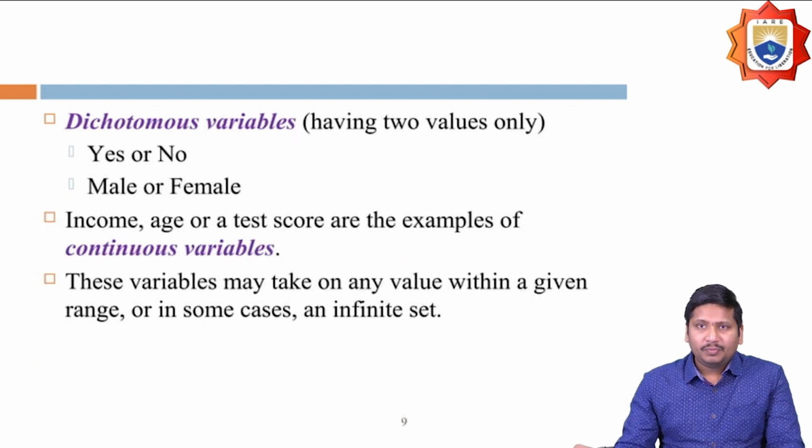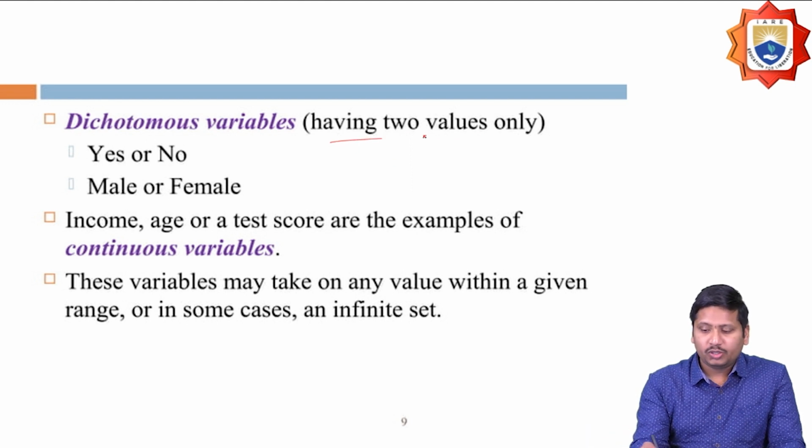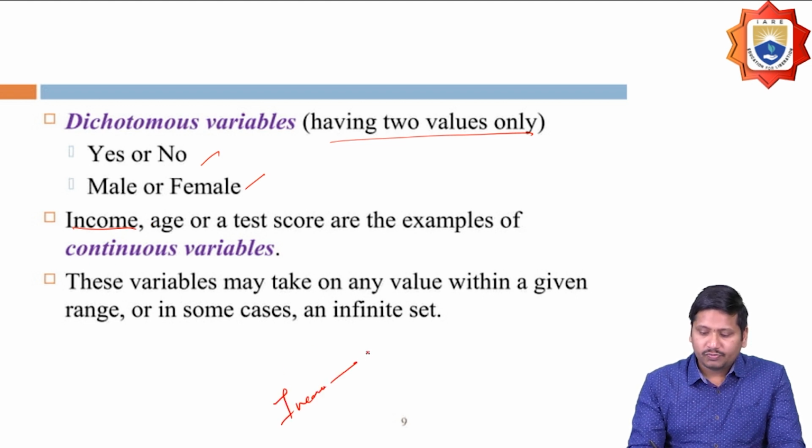Some of the different types of variables are the dichotomous variable and the continuous variable. A dichotomous variable is one which has only two values, like yes or no, or male or female. Continuous variables are like income, which changes from year to year, and age, which also changes year to year.